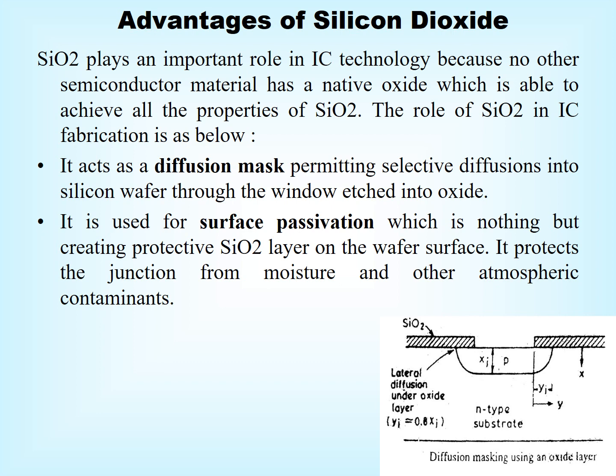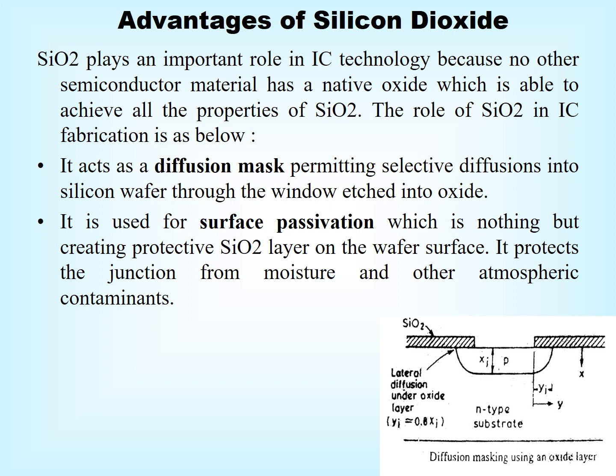That means, as shown in this figure, we can create a window where some area of the silicon is protected with silicon dioxide, whereas where the silicon dioxide layer is not there, diffusion of impurity can take place. So it is acting as a diffusion mask in this figure.